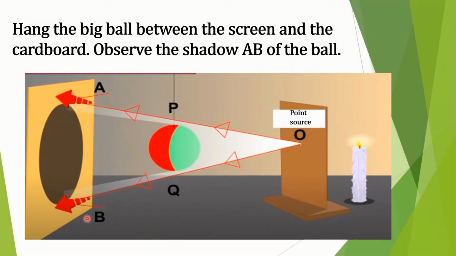Now, hang the big ball between the screen and the cardboard. Observe the shadow AB of the ball.